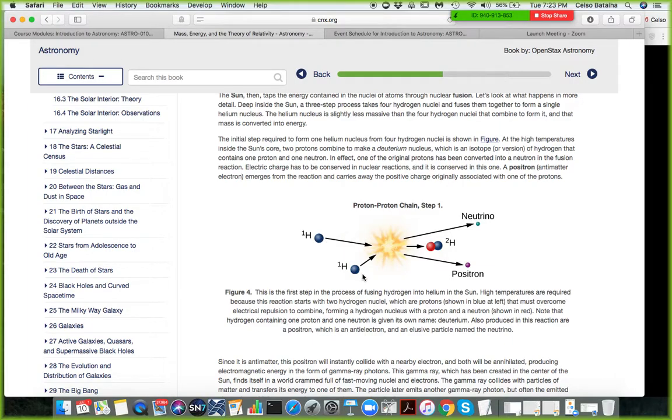If you take two atoms of hydrogen, you are going to produce a neutrino, a deuterium, which is an isotope of hydrogen, and a positron.